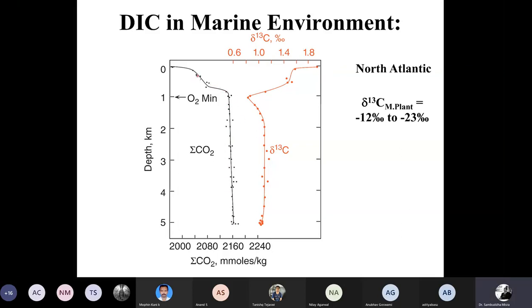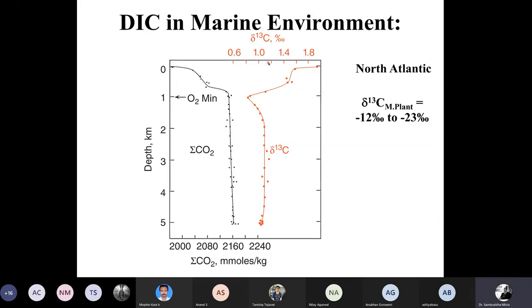The depletion of total CO2 or DIC due to photosynthesis is through uptake of CO2 for biological processes. Now we know biology will preferentially take up the lighter isotope, leaving behind the heavier isotope, because it requires less energy to mobilize the lighter isotope.